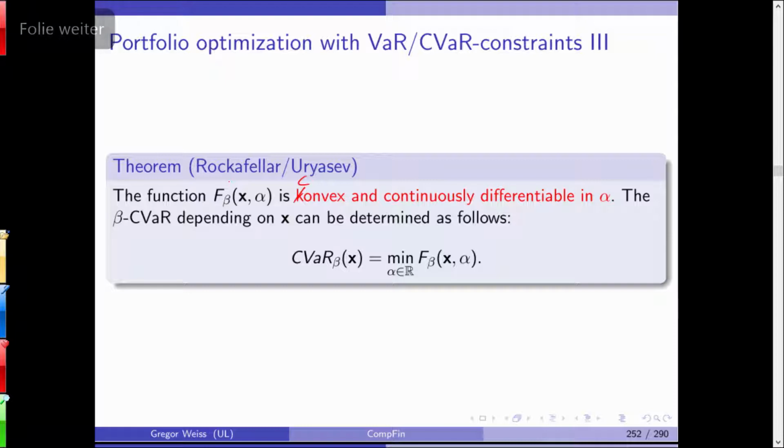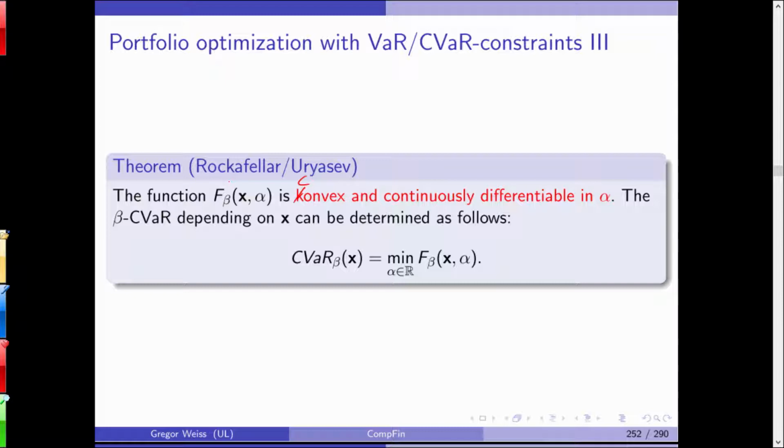You can now probably guess what happens if the function is convex and continuously differentiable. We know that first of all we can use a gradient-based method, and second and most important of all, if it's convex, there is only one global optimum. And the final result of this paper is actually that if you do portfolio optimization with conditional VaR constraints, there is only one global optimum.